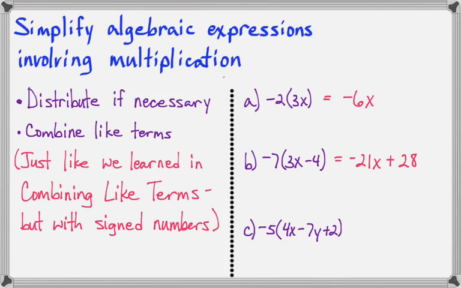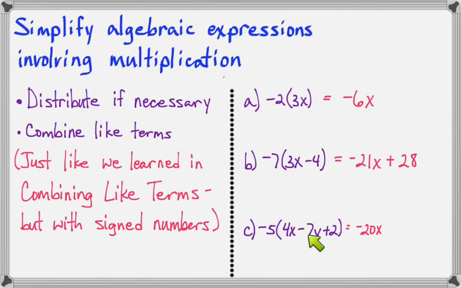So the easiest way to handle this without getting too bogged down in your sign rules is just to let this minus sign act like a negative. So as far as your sign rules are concerned, you're going to treat this like a negative. So negative times negative makes positive, and that will take care of the sign problem. Now let's see that again on part C. Negative 5 times 4x makes minus 20x, or negative 20x.